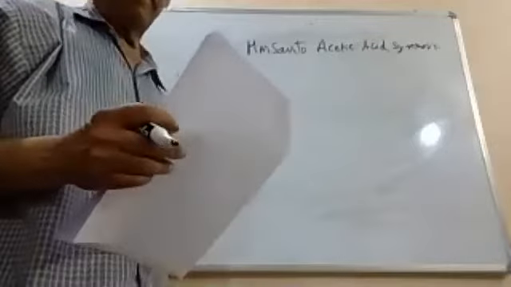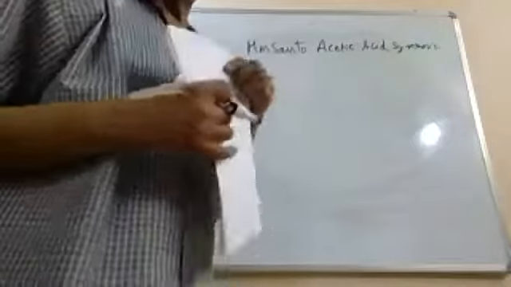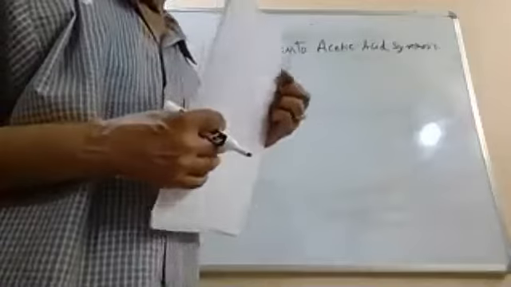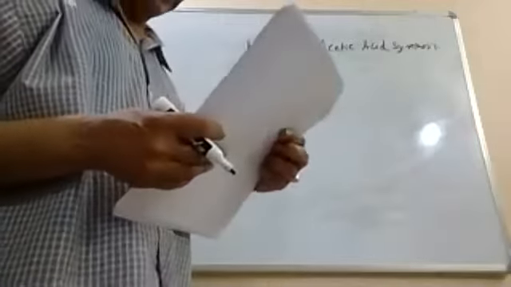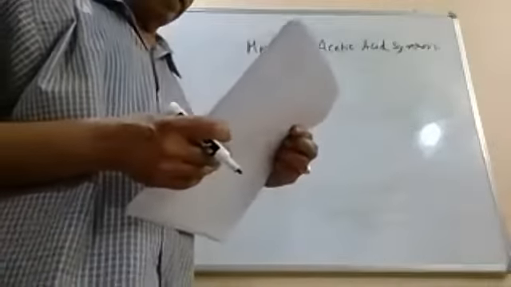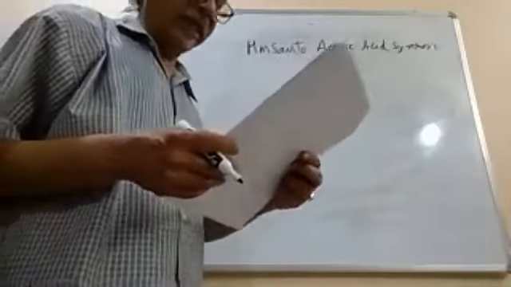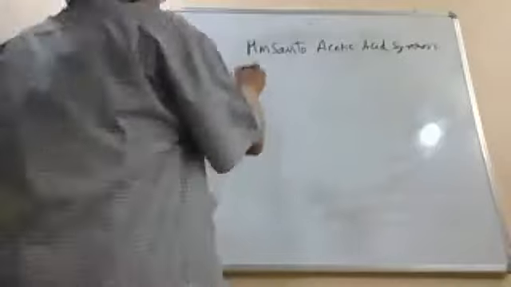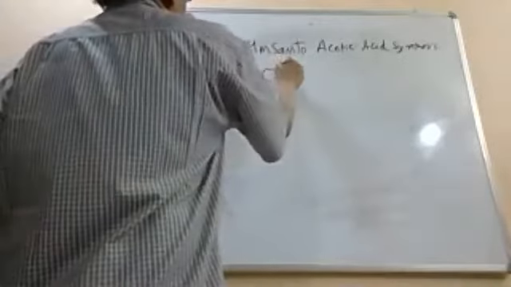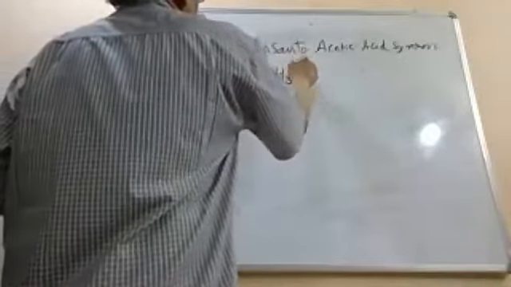And prior to Monsanto's process, people were doing bacterial oxidation of ethyl alcohol to make acetic acid. So Monsanto said, well, let's do it this way.